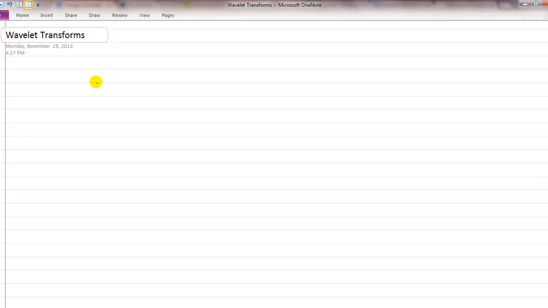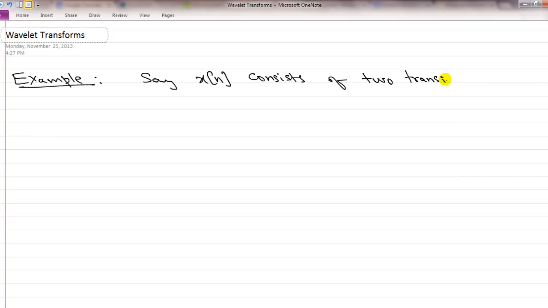Okay, so let's see what it means. So let's take the example of a signal which has a transient, say x[n] consists of 2 transients. So here is your signal.